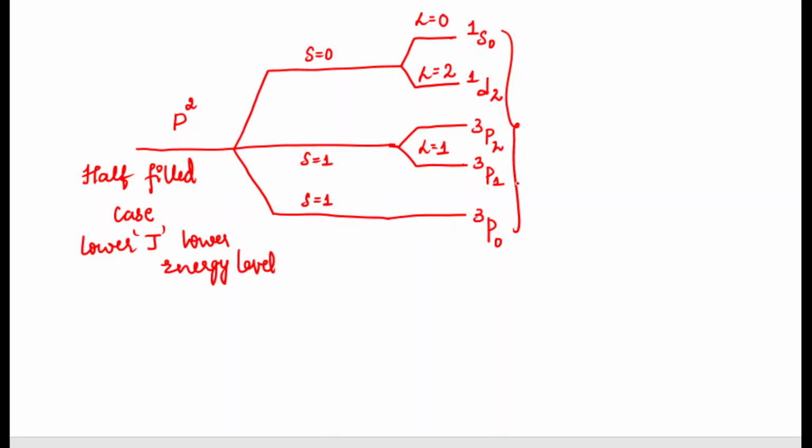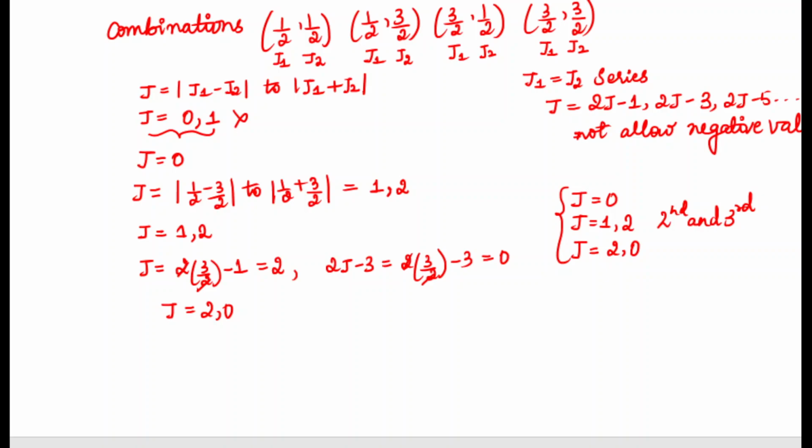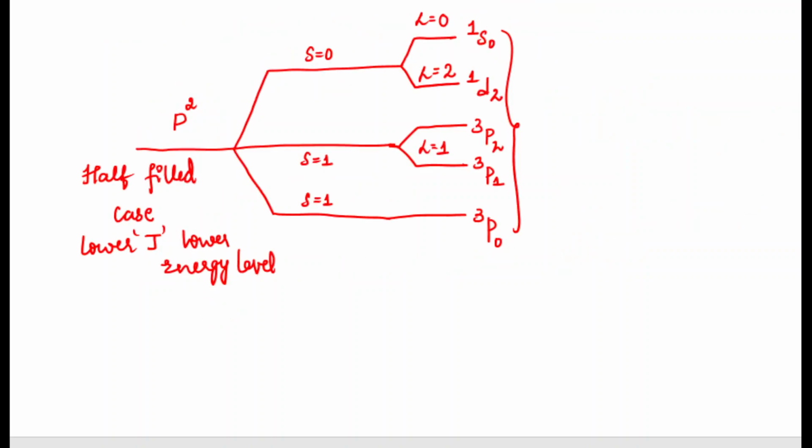And the combinations we have here, what are the combinations we are having? Go to the previous slides. We are having 1/2, 1/2, 1/2, 3/2, 3/2, 1/2, 3/2, and 3/2. Respective j values are 0, 1/2, and 2, 0. Right. Now let me write down the j values here.